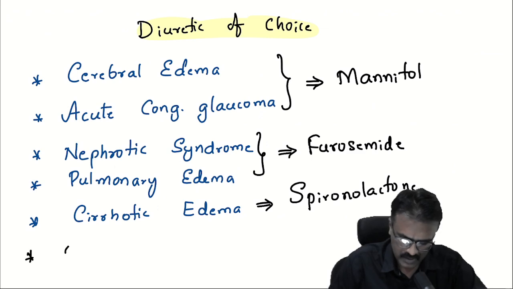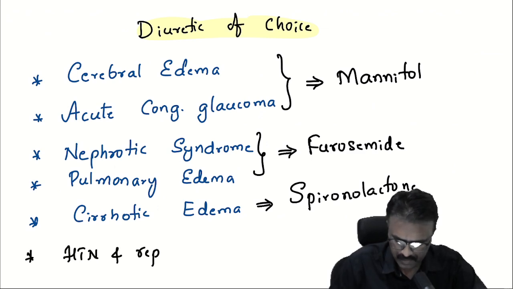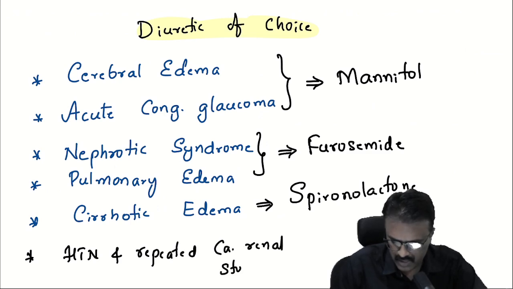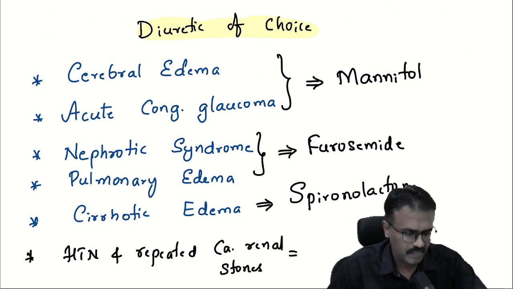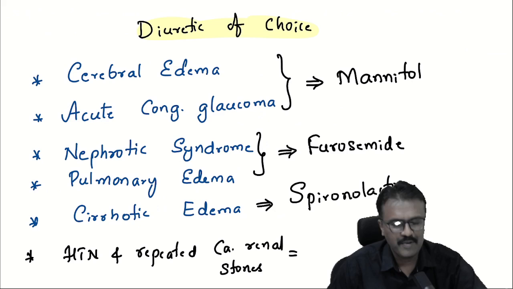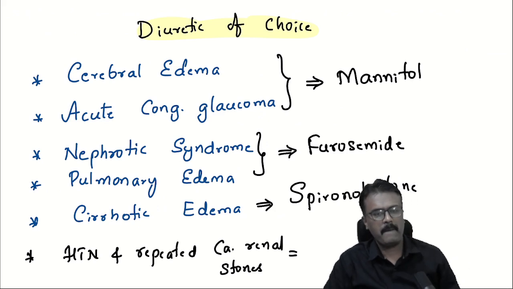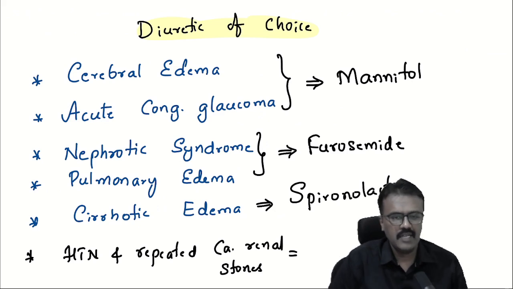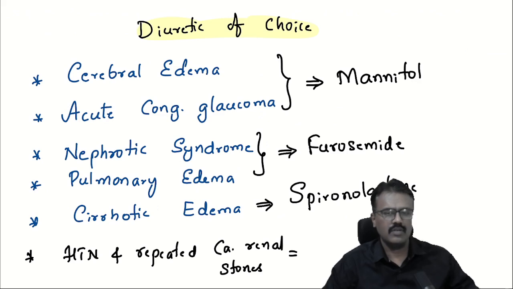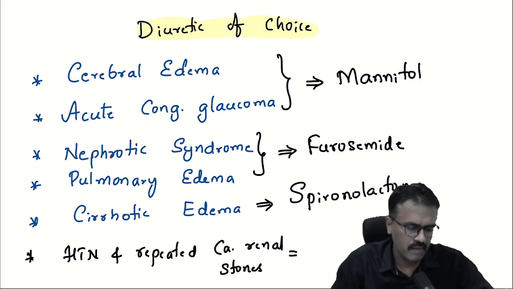Now, suppose a person has hypertension and repeated calcium renal stones. Tell me which diuretic will you prefer? The last one is for you people to answer. Patient has hypertension and repeatedly is getting calcium stones. Then which one will you prescribe?